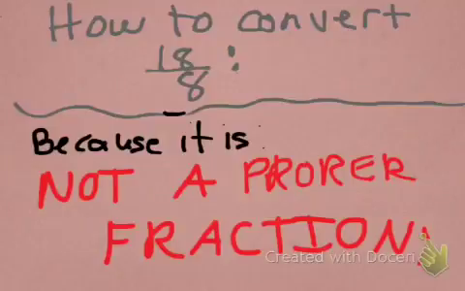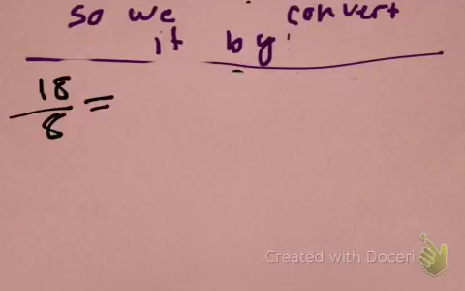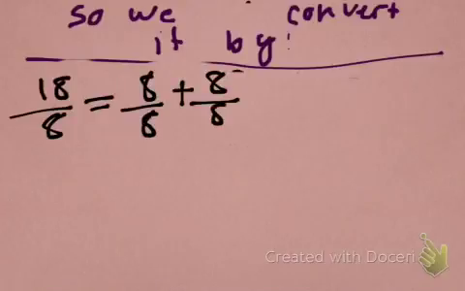I'm just going to show you a really quick way on how to convert 18/8 into a proper fraction, because it is not a proper fraction. We have our 18/8, and we know that 8/8 plus 8/8 equals 16/8. And we need 2 more to get from 16 to 18: 16, 17, 18.